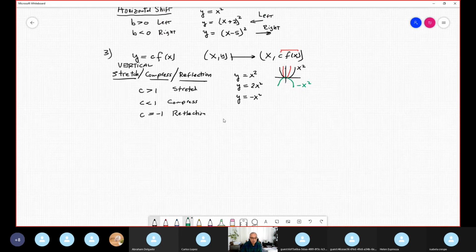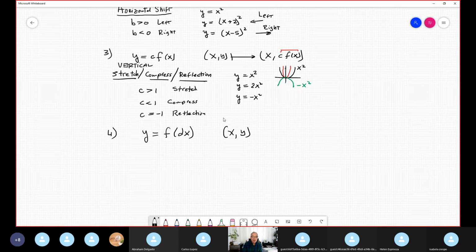This is theoretical part. Okay, now suppose the last transformation is y equal f of d x. So now multiplication again, but not outside. It's multiplication inside the parenthesis. And always what happens inside the parenthesis, the operation is completely inverse operation.